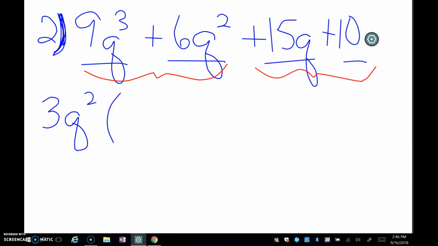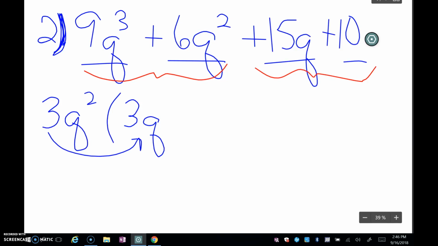If I factor a 3q squared out, I have a 3q left. That'll give me the 9q to the third power. My plus sign from here. And if I factor a 3q squared out of 6q squared, I'm left with a 2. Moving on to my second two terms, I see my plus sign here, so I put my plus sign down.